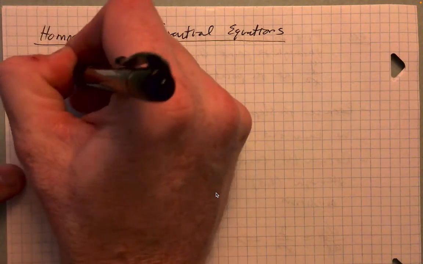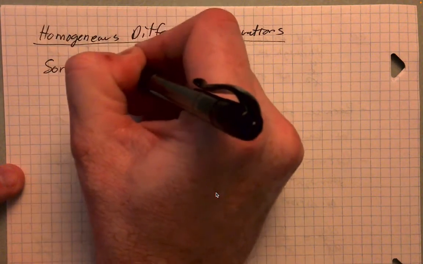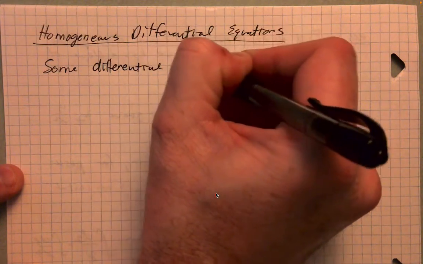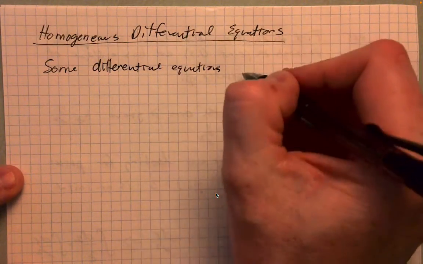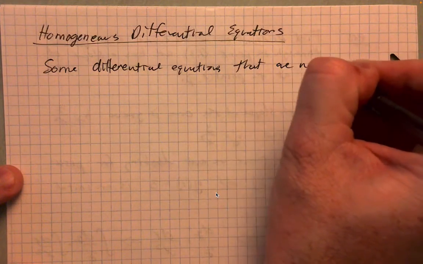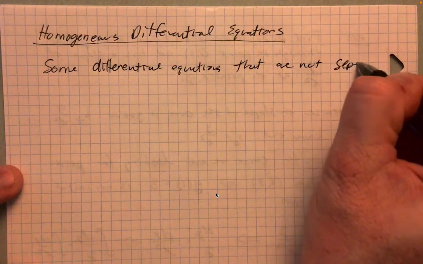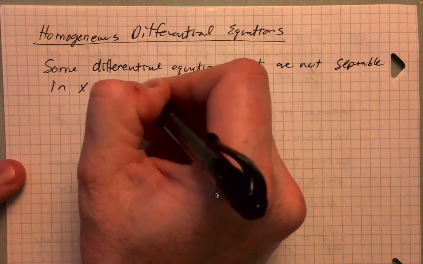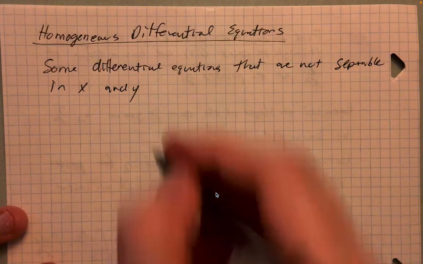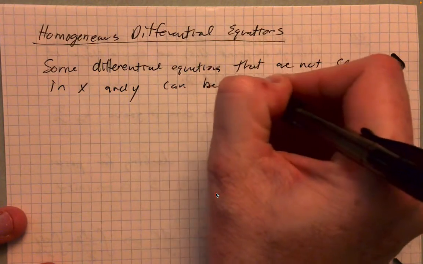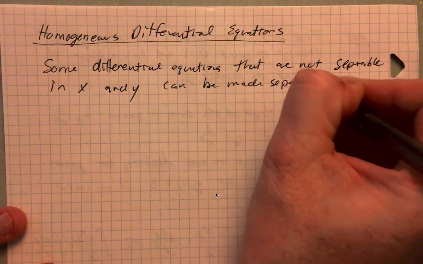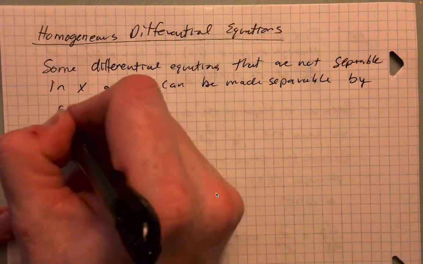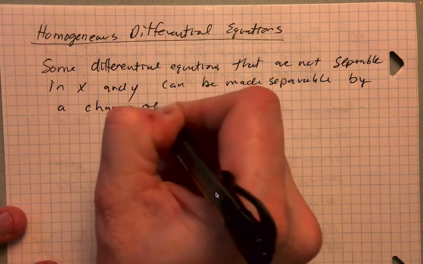So let me write all this down. Some differential equations that are not separable in x and y can be made separable by a change of variables.